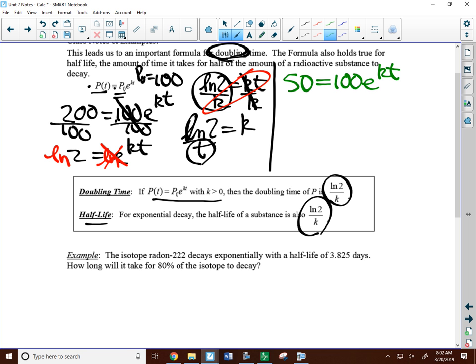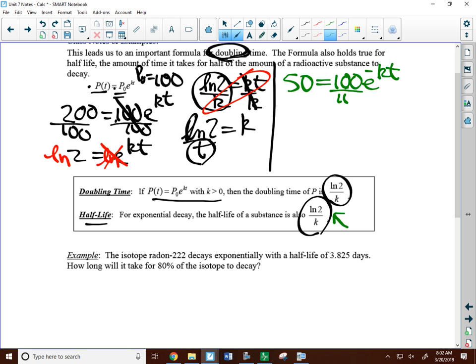So I have half of it left over. Now it's decaying, so I have to put a negative in there, and we're getting less than the amount. Let's solve this, and you might say it's going to be different or negative. Well, it's actually going to be the exact same.